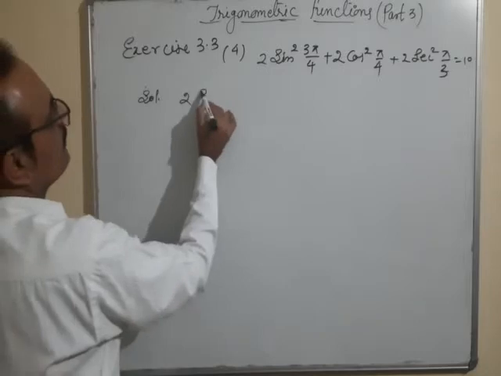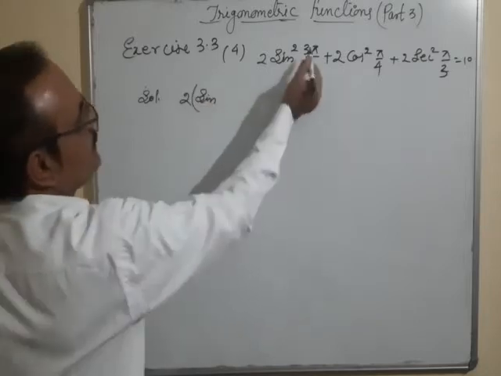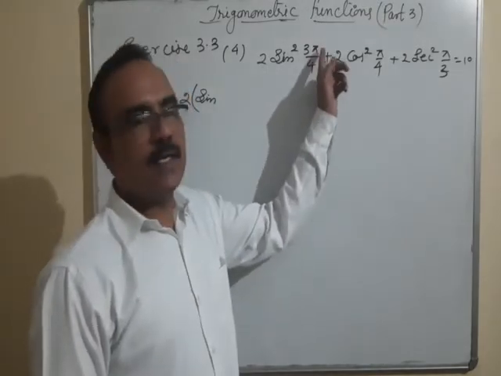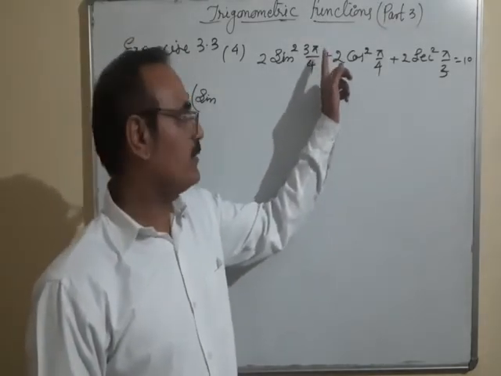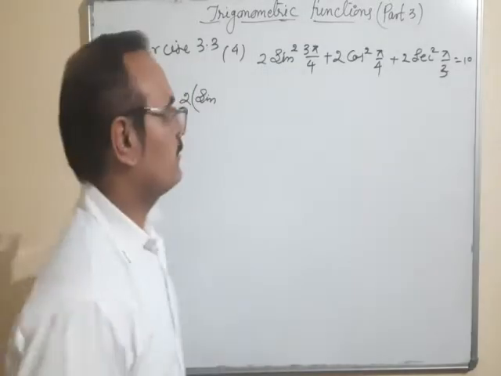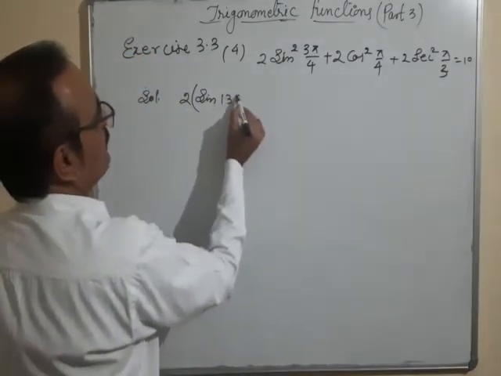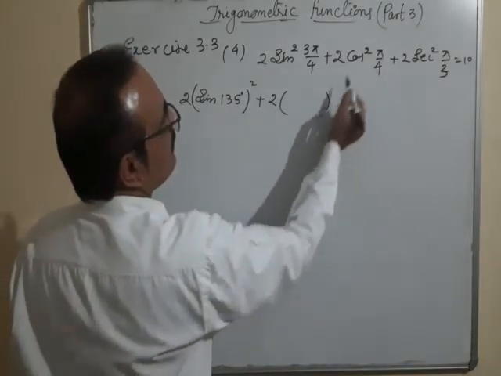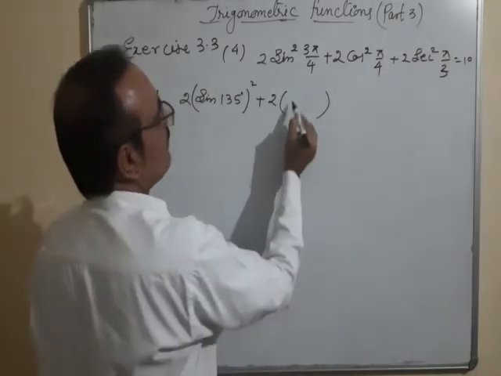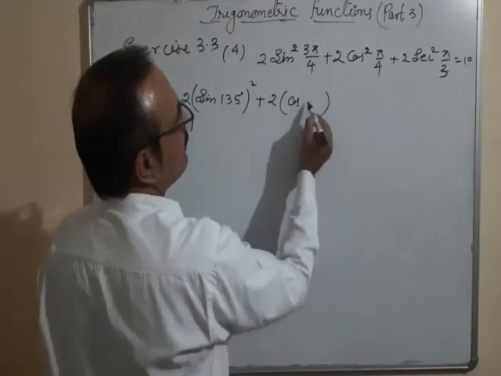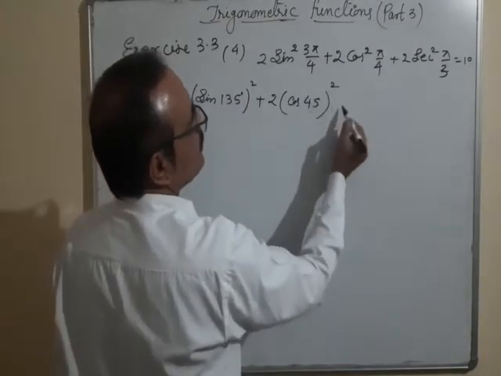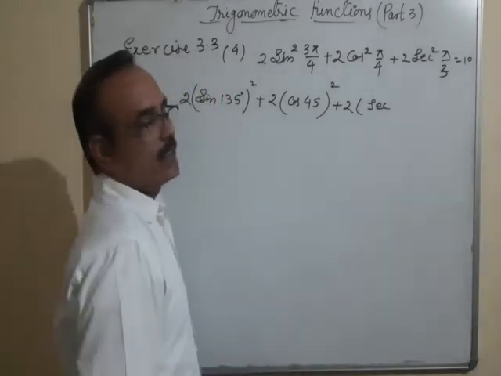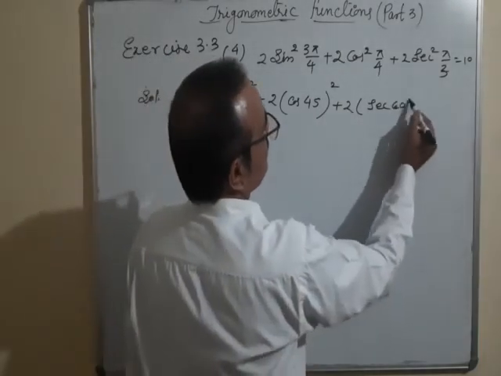For the value of 3 pi by 4, immediately you can divide 180 by 4. What is coming here? 45. 45 times 3 is 135. So 2 sine 135 whole square plus 2 cos 45 whole square plus 2 sec 60 whole square.